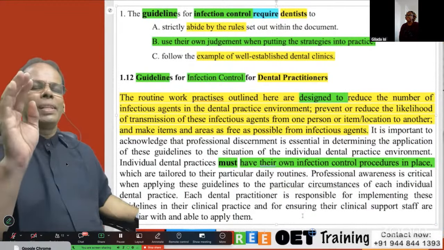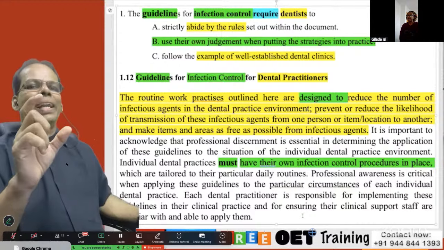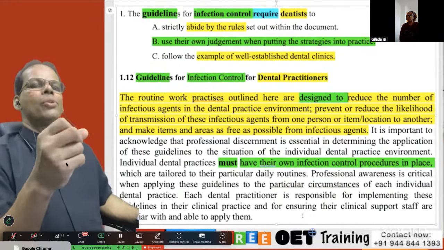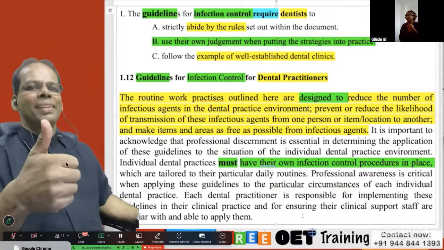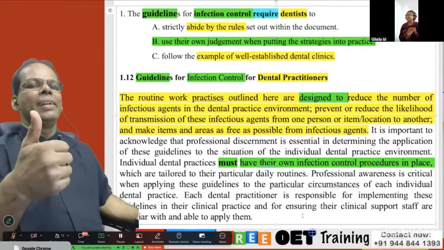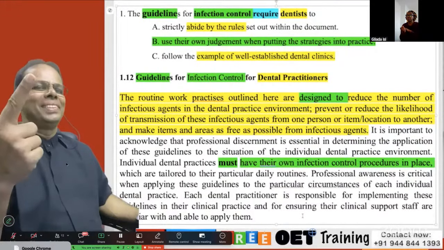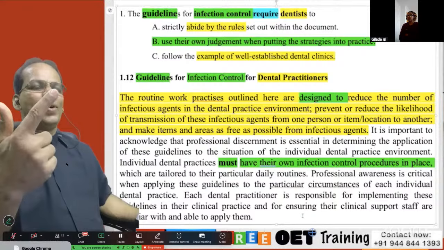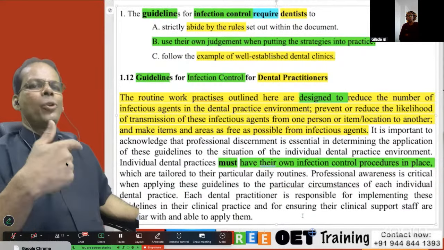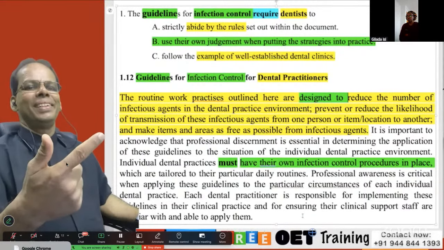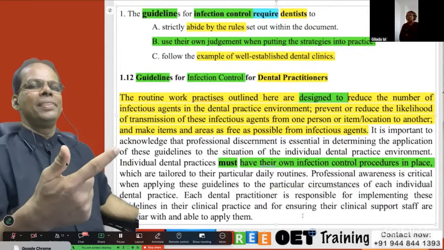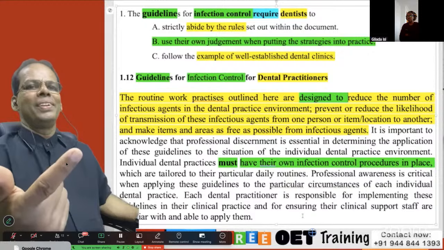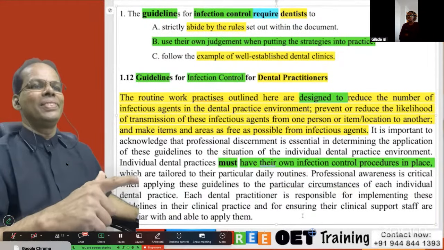Okay. So whenever there is a guideline, whenever a text speaks like a guideline, your question should be: what is the purpose? Means what should be done and who has to do it. These are the only two questions you have to ask and answer. What is to be done and who has to do it? Here, what is to be done? Infection control. Who has to do it?